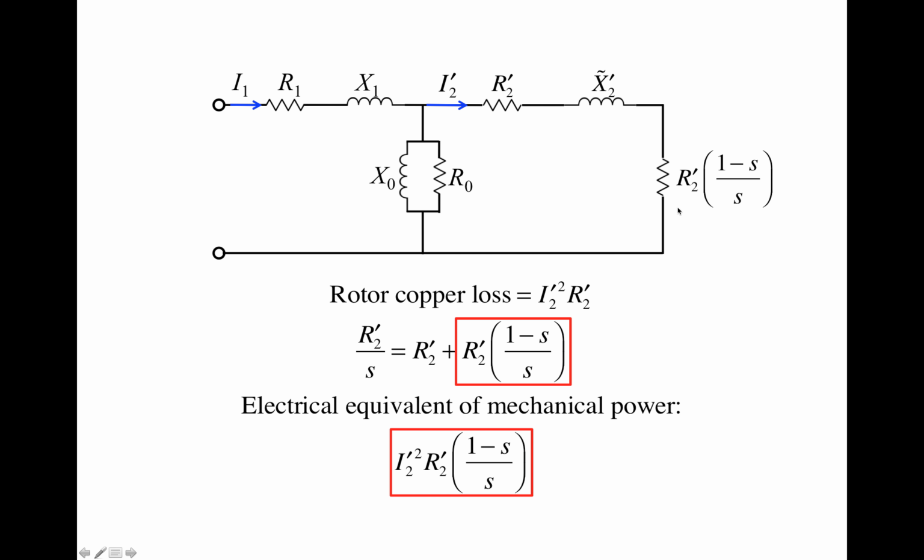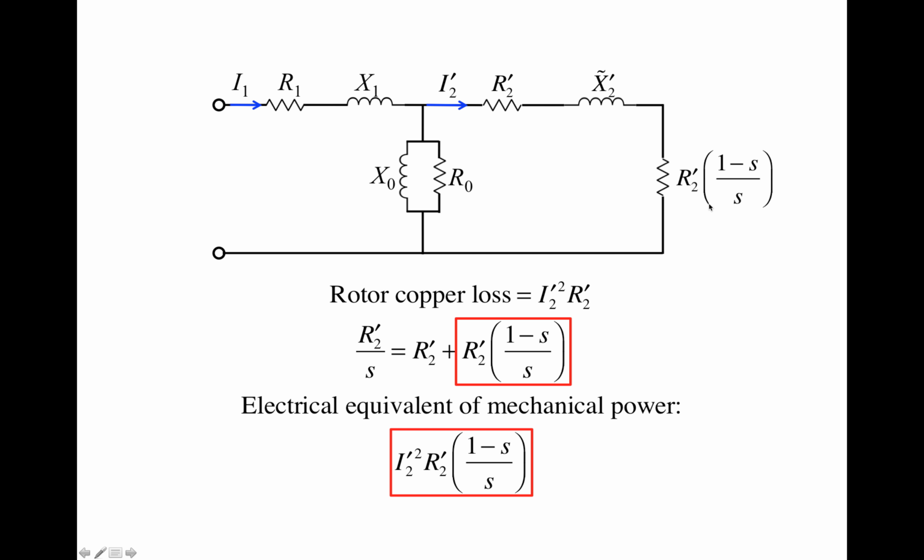The power dissipated by this fictitious resistor is actually the electrical equivalent of the mechanical power on the rotor. The rotor is rotating, and rotating means that it has a rotational speed. The rotational speed goes into the slip S. This resistor doesn't have a speed in it, but this one has a mechanical speed in it, right?